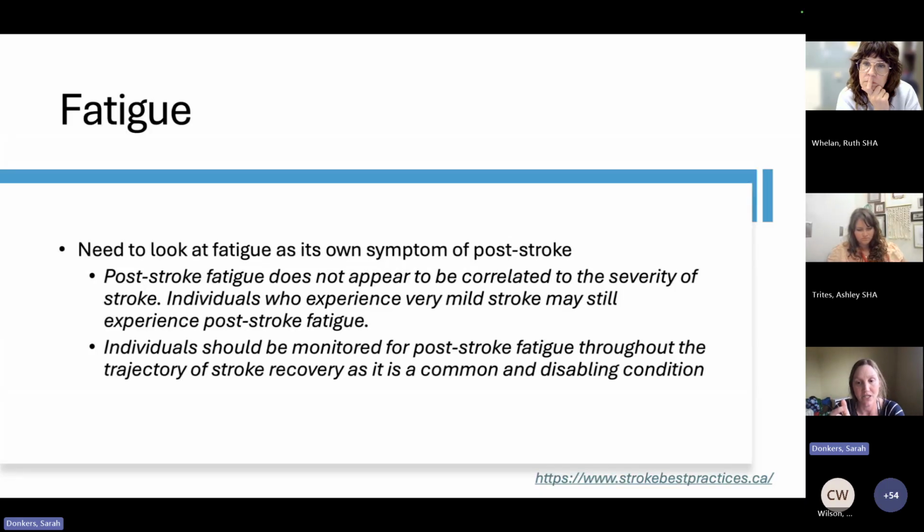And some of those strategies, if anyone here works with people with MS, some of those strategies for central fatigue management, we might want to consider applying to people post stroke, because we're learning more about how that fatigue exists, and it's not dependent on having depression, and it's not dependent on severity post-stroke.